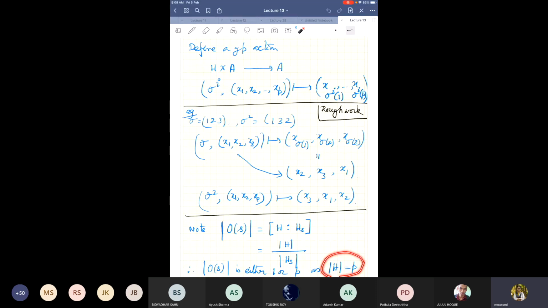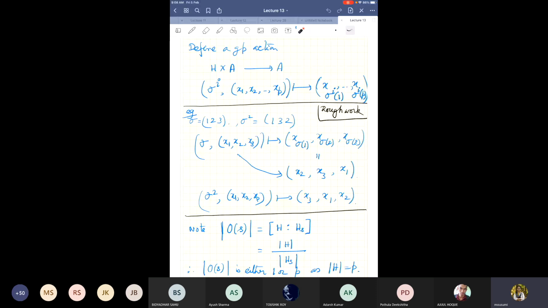We have already seen it is P, right? So this is P divided by something. But P is a prime number. So what will be the choices for the cardinality of the orbit? 1 and P. Whatever element S you choose, there are only two possibilities for the cardinality of the orbit. It is either 1 or it will be P.